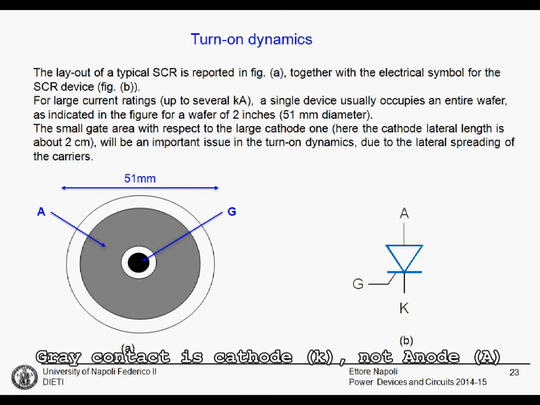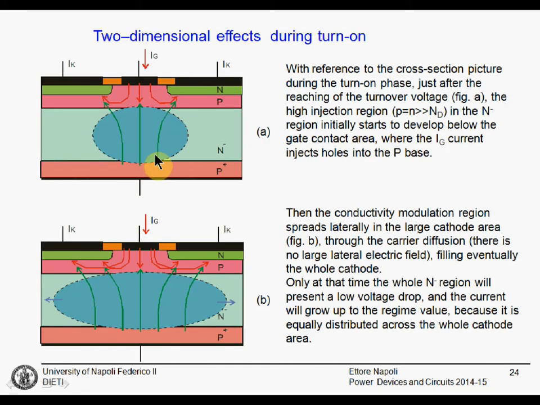The device is one SCR, one thyristor, a high power thyristor. They are also available as discrete devices in small packages. But most of the time, for very high power, they are very big devices. Usually for devices that carry several kiloamps, one single device occupies an entire wafer.